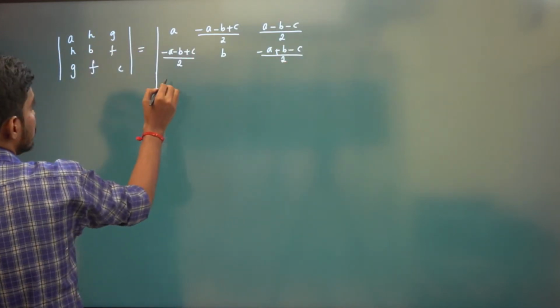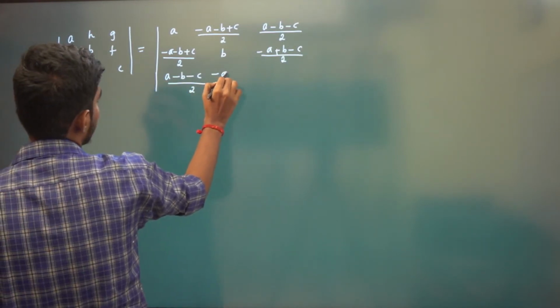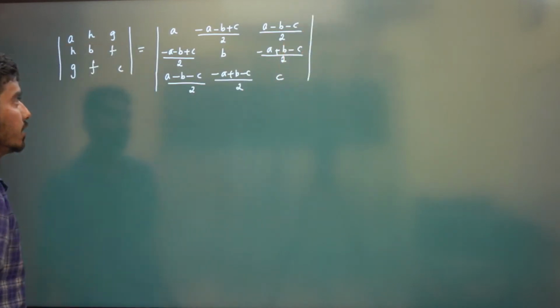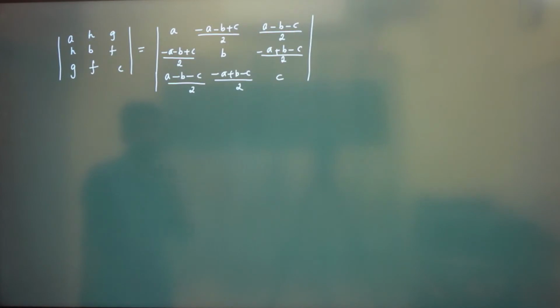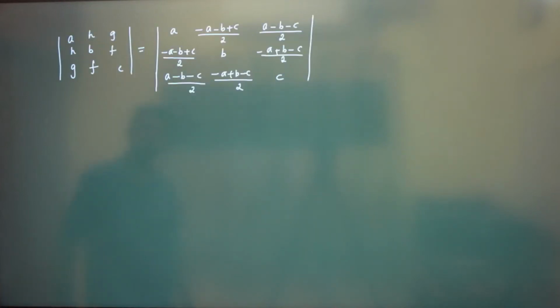And g is (a - b - c)/2. And c is c. Now you need to show it is equal to 0, right?